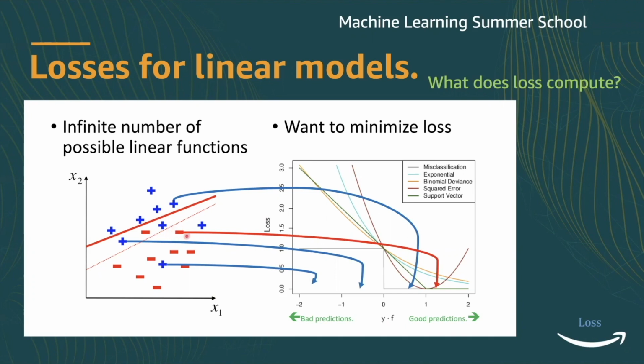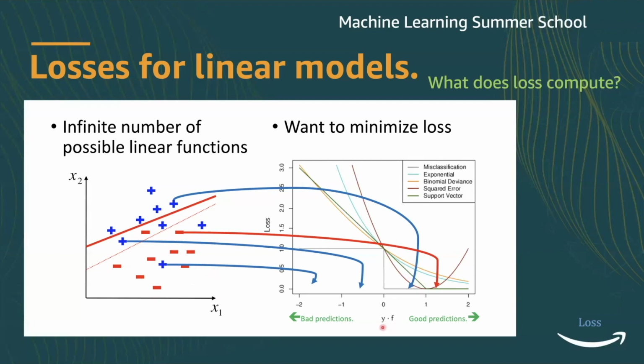Take the example of this red point. This lies below the red line, and it is correctly categorized. Below the decision boundary are all the red points.